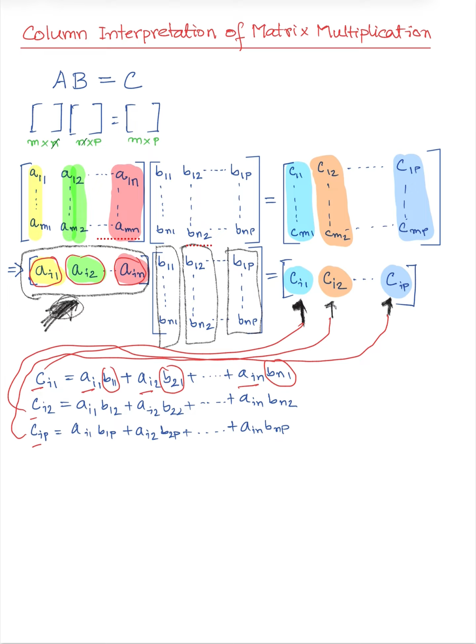So these weights are coming from matrix B. The elements along the columns of matrix B get multiplied by the columns of matrix A and work as weights to finally provide us the columns of matrix C. Similarly, as we go along the columns of matrix C, we will see that these are just a combination of the same columns of matrix A, but the weights are getting changed.